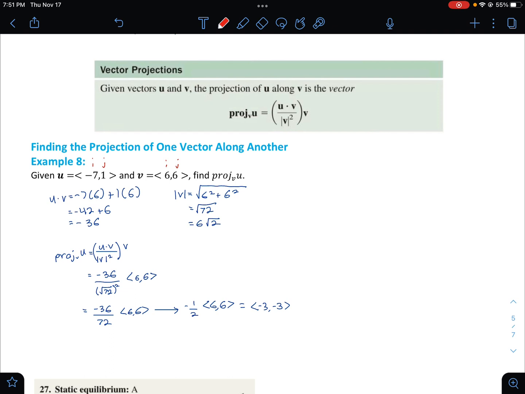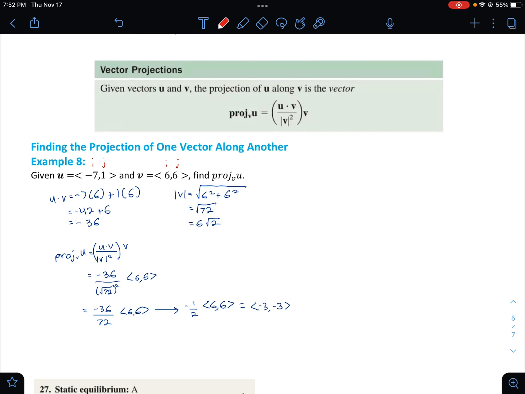But when we go down to the equation here, this equation right here, now that we have U times V and the magnitude of V, we can plug those in. So we have projection U along V equals negative 36 over the square root of 72 and then squared.